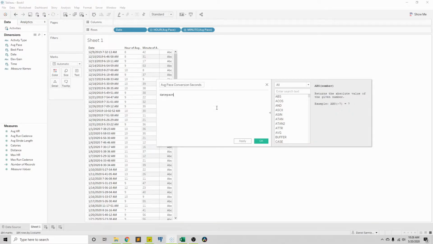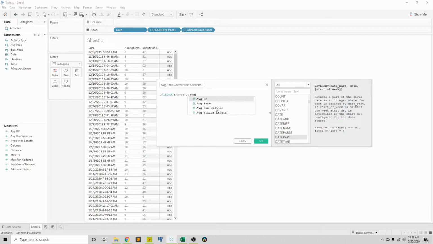So I'm going to take the date part of the hour, and the field is the average pace. I'm going to multiply it by 60, because this is actually reflecting the minutes and I want this to reflect seconds, so 60 seconds per minute. So I'm going to multiply that by 60 plus date part minute, which is actually reflecting the seconds, and this is for the average pace field.